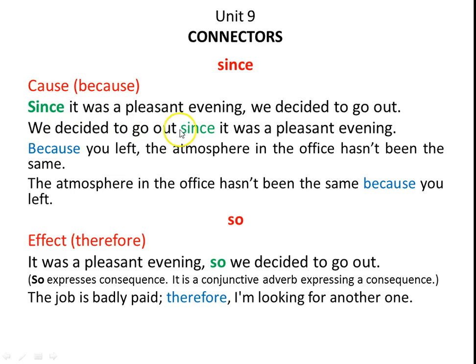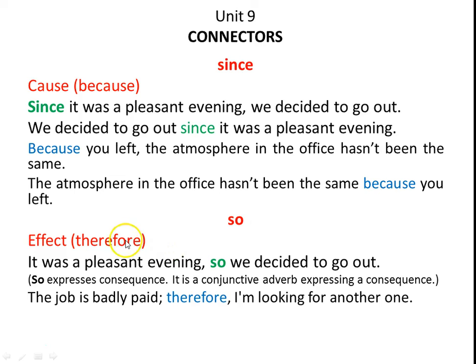We decided to go out since it was a pleasant evening. And the same can happen with because. Because you left, the atmosphere in the office hasn't been the same. Or at the end of the sentence, the atmosphere in the office hasn't been the same because you left.